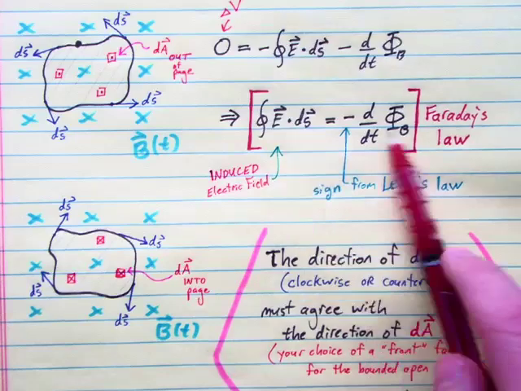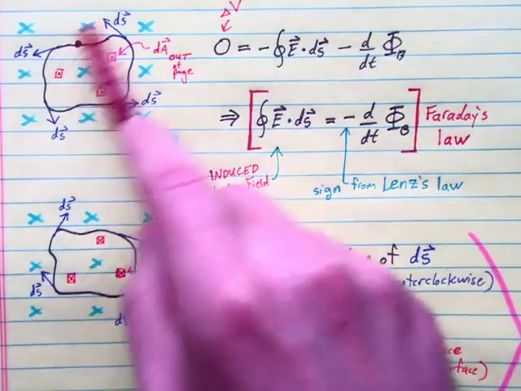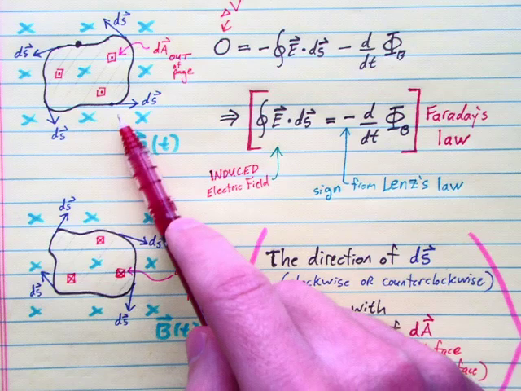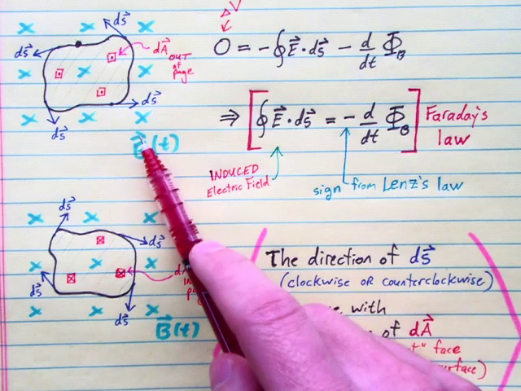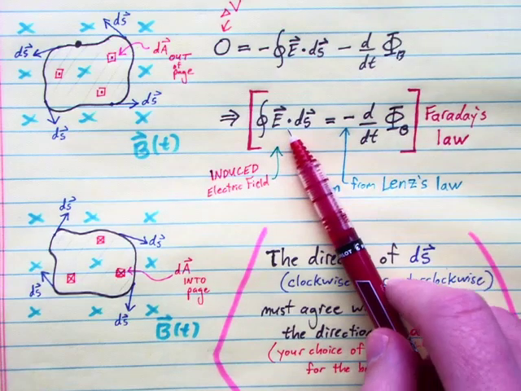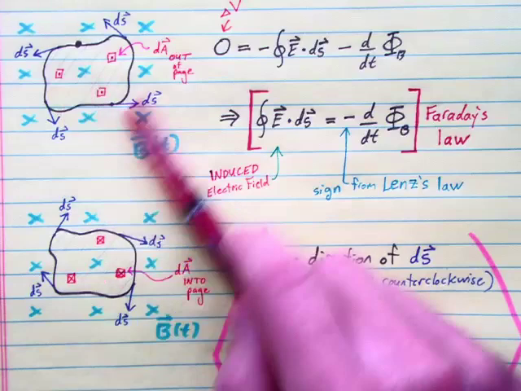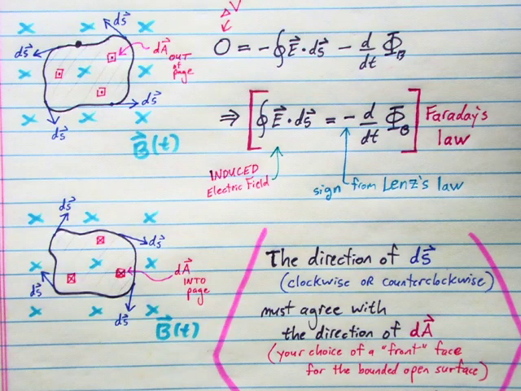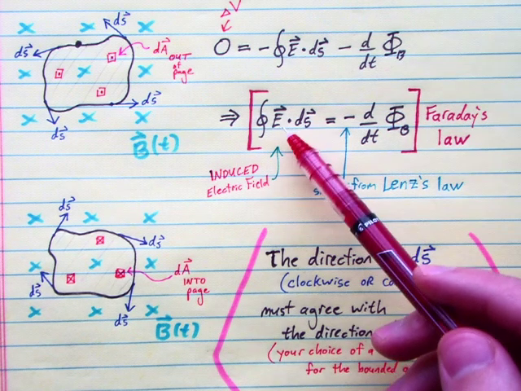This equation is now saying that there will be an E field here, even if there are no Q's around to create it. If the magnetic flux is changing, an induced E field will appear in this region. So we'll be doing a lot more thinking about this induced E field and what it looks like and what its properties are.